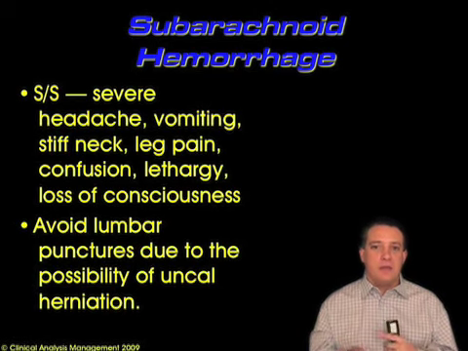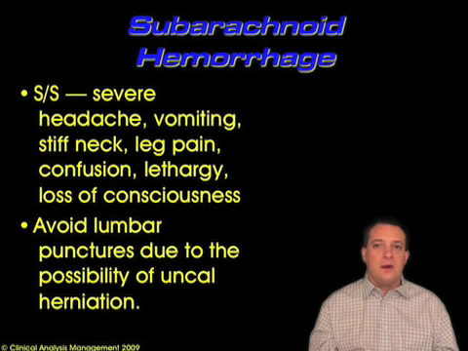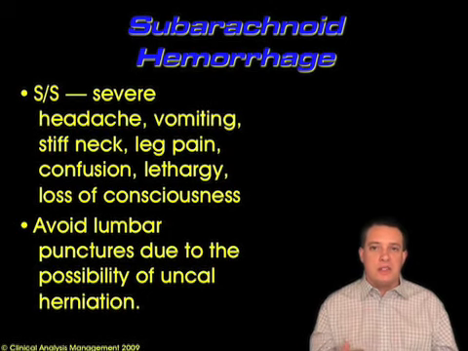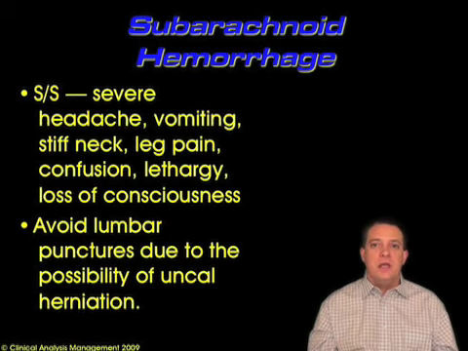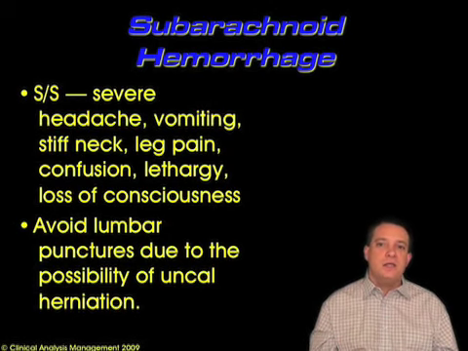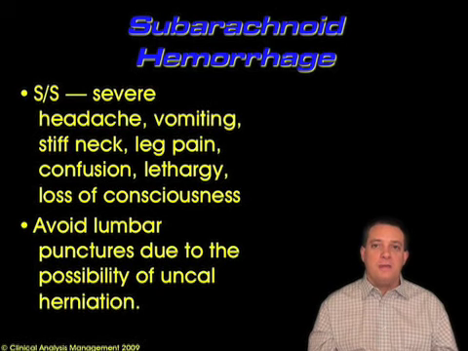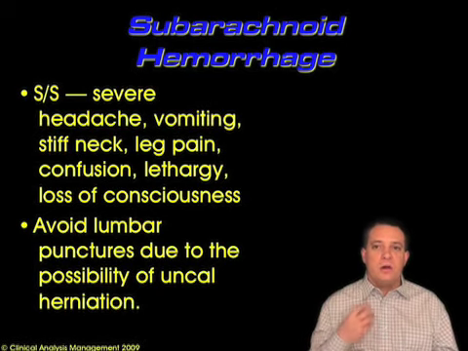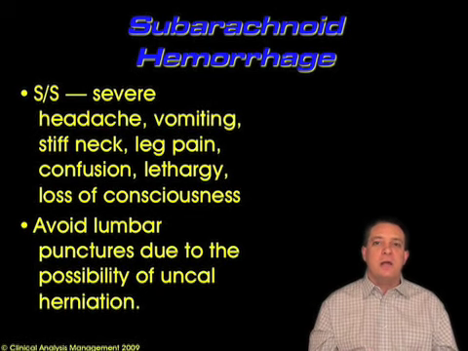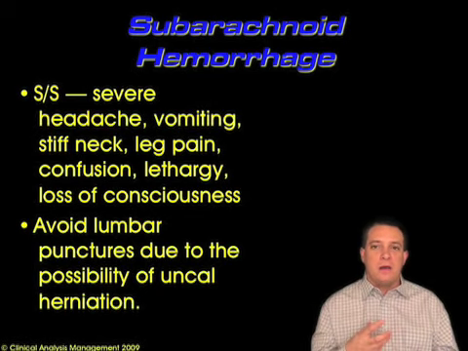And you can have the converse as well. You can have a subarachnoid that's missed because the practitioners think the patient has meningitis. Both of these cause blood to accumulate in the meninges, and because of that meningeal irritation, we're going to see all of those classic symptoms like we talk about in other sections when we talk about meningitis.